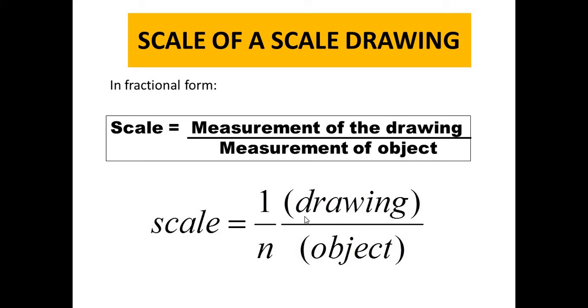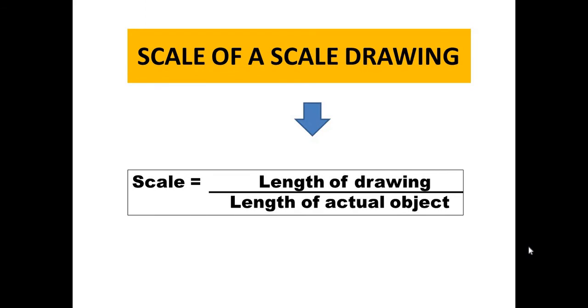So 1 refers to the drawing and n refers to the object. Or you can also write scale as length of drawing over length of actual object. Okay, class?